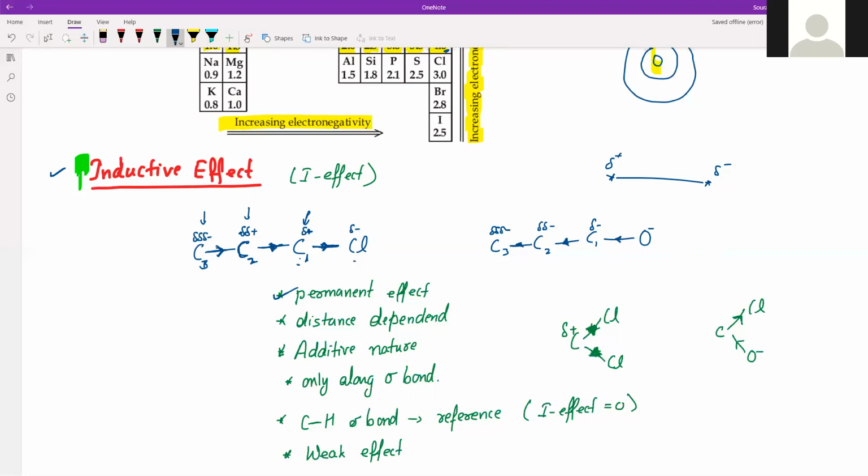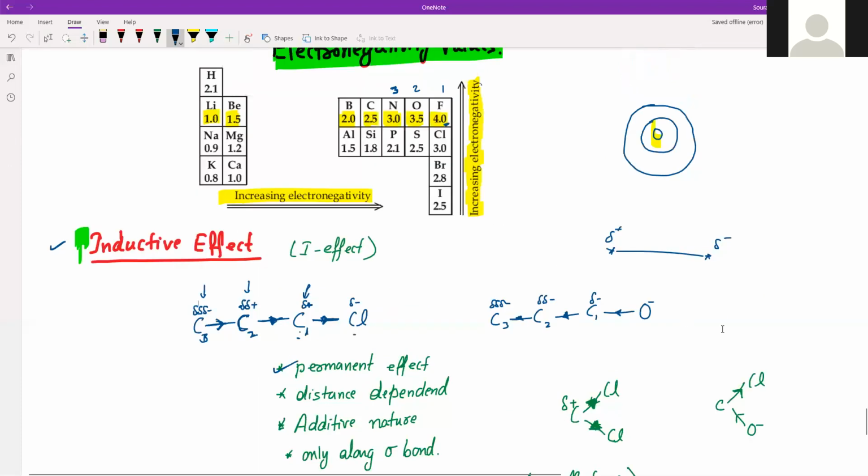Now, sometimes you may get confused that oxygen is 3.5, its electronegativity is more than carbon, so why is it like this here? It's not oxygen actually. This is O negative.